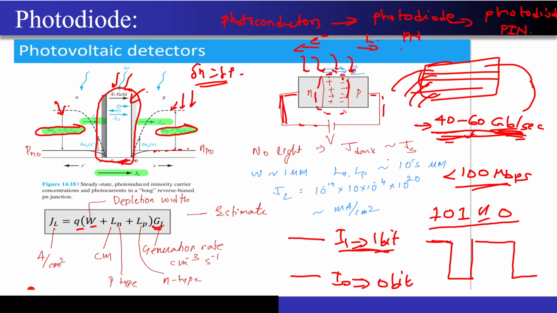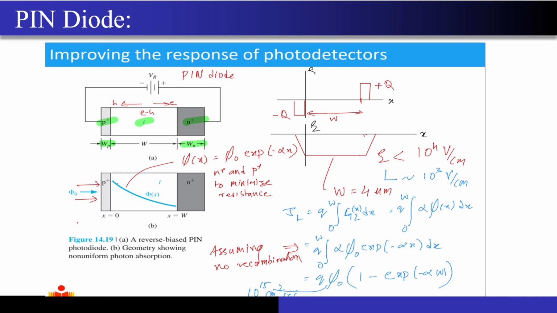Correct? So I want this thing to react immediately, and this is what I am calling a term which will respond very quickly, because the electric field already exists in this particular term, correct? Now after that we move to the PIN diode and we ask ourselves how can we make this diode really fast, correct?